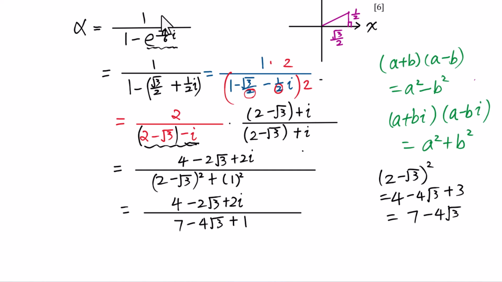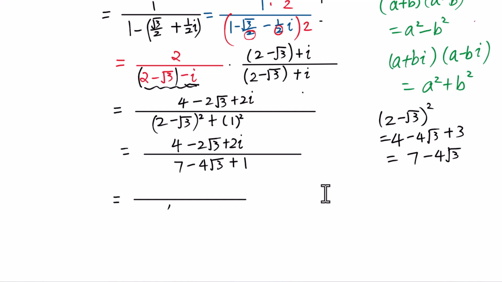Then plus 1 equals 8 minus 4 square root of 3. Numerator: 4 minus 2 square root of 3 plus 2i. The common factor is 2, so divide by 2 for both numerator and denominator: 2 minus square root of 3 plus i.